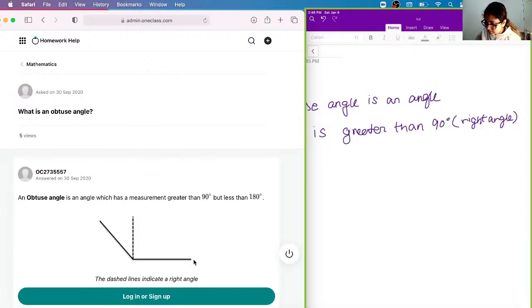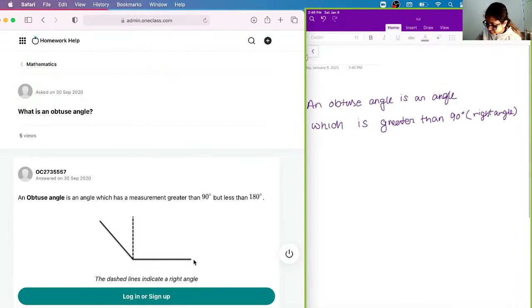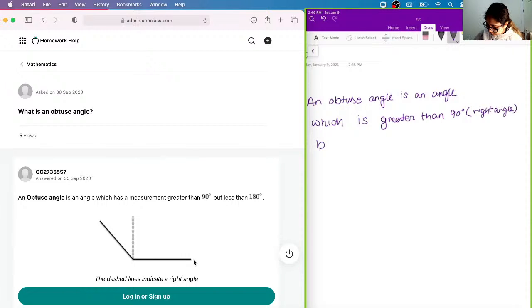But less than 180 degrees. Okay, so let's say you have a right angle, and your obtuse would be something that's bigger than that, so it would basically be this whole angle right here.